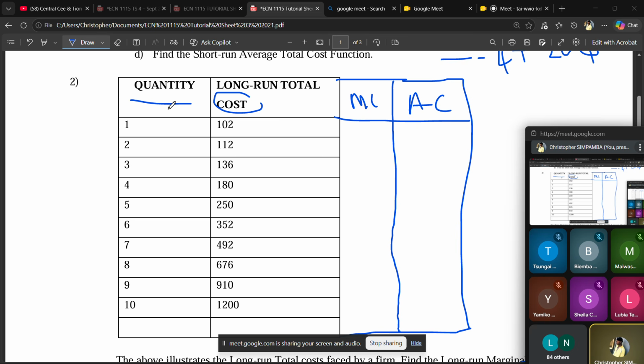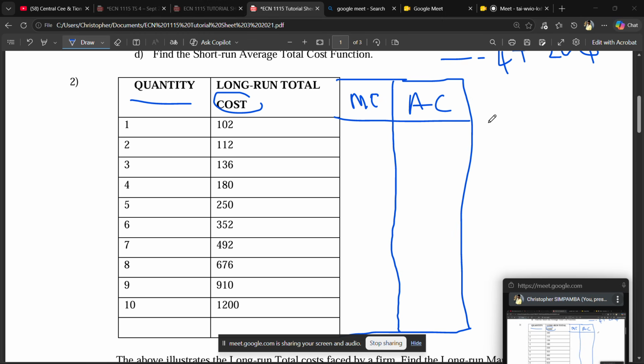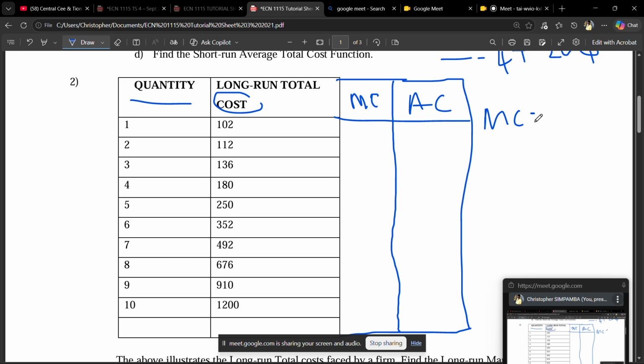To find marginal cost when we've been given a box like this, it differs from when we've been given a total cost function. Here, the only thing we have to do is take the difference in total cost over the difference in quantity.